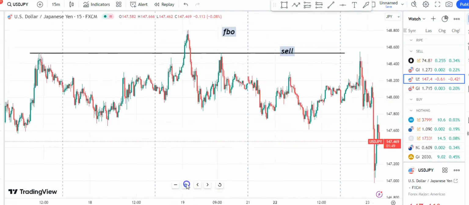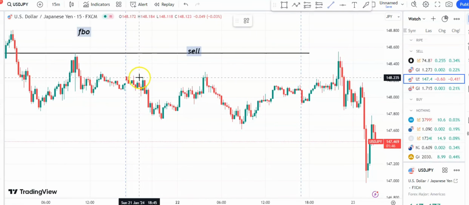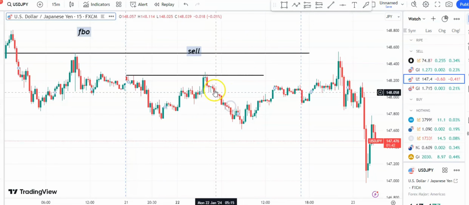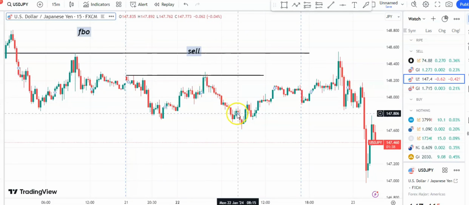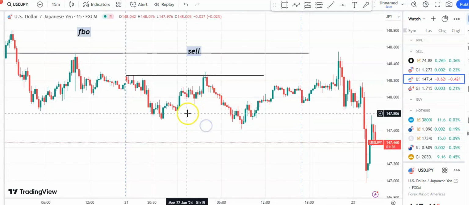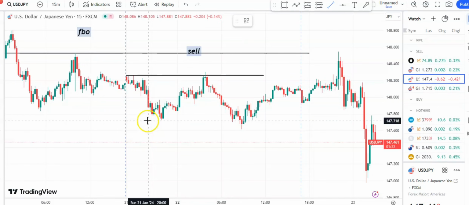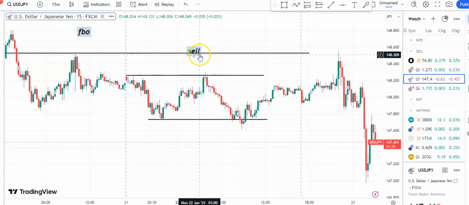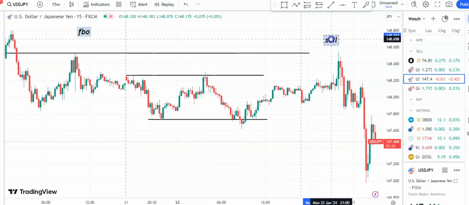Now, on Monday, we had this sell-off at the high of the week during the London session, back to the low of the day. But this is not a setup that I am looking for.